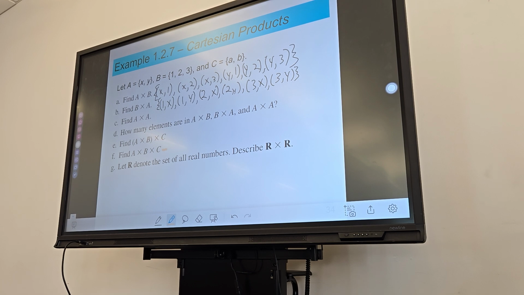Cartesian plane, a graph. X and Y are real numbers, ordered pairs. So it's a Cartesian plane. The set of all real numbers defines a plane where X and Y are the coordinates on that plane. All combinations of X and Y.